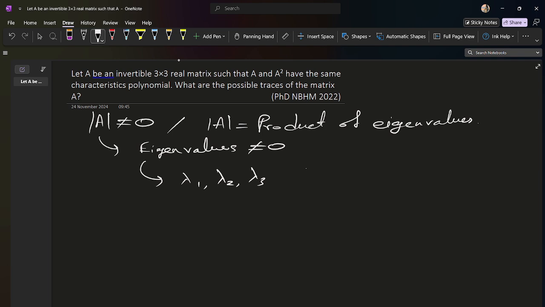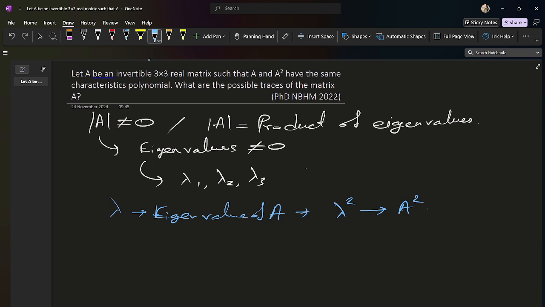Now if lambda is an eigenvalue of A, then lambda square will be an eigenvalue of A square.